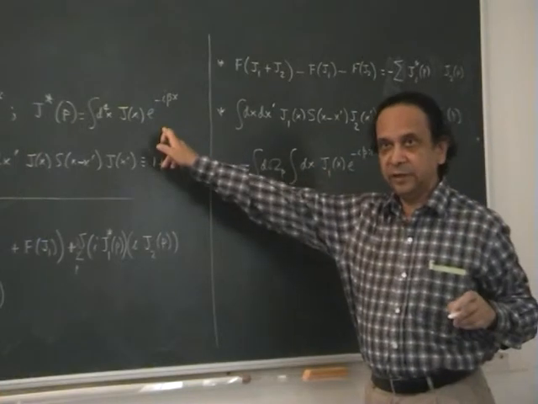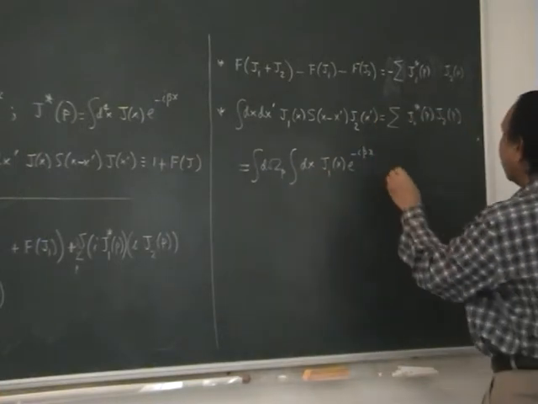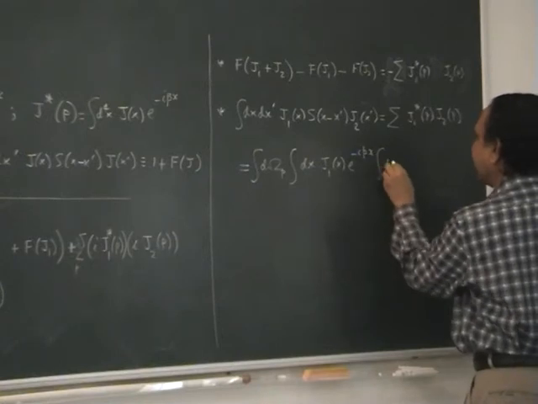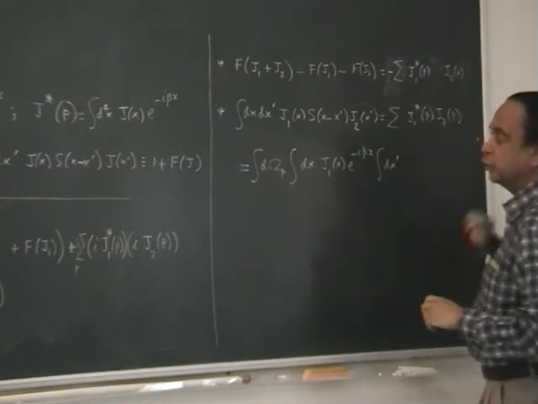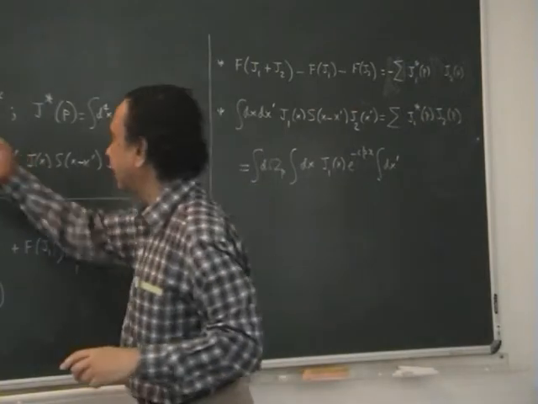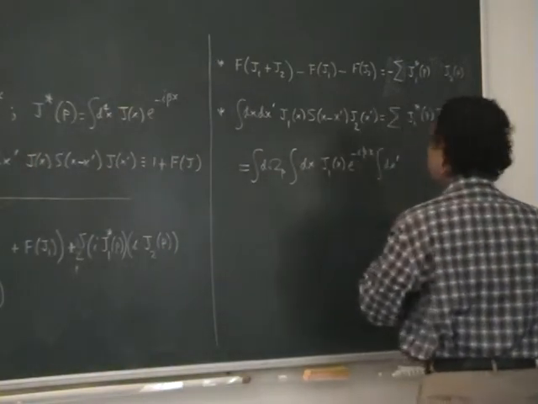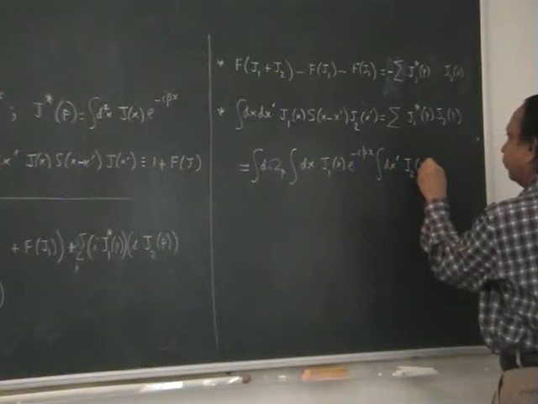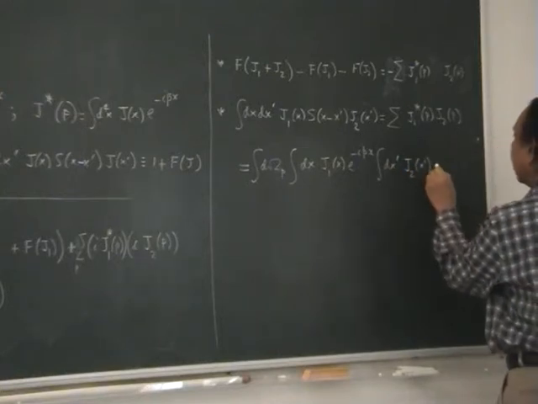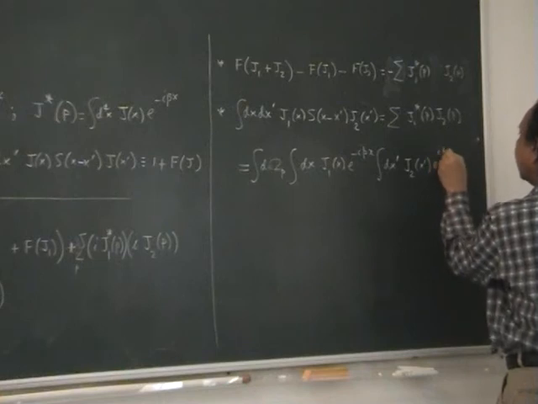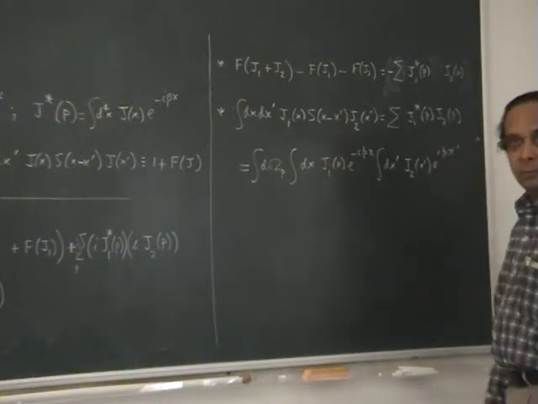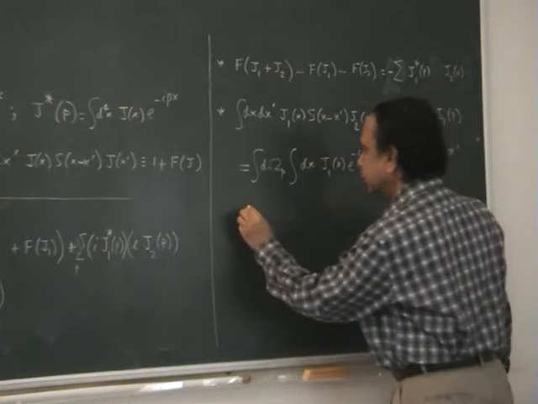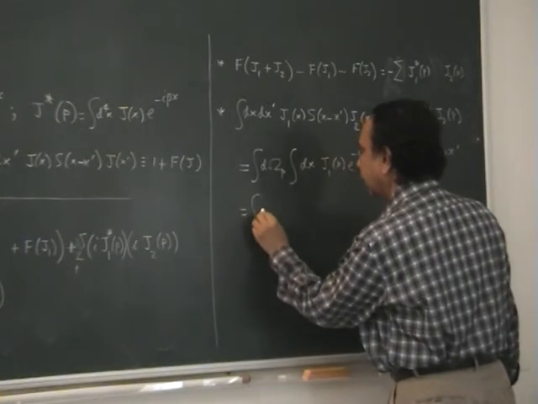This is coming from this. Then I have another term, which is dx prime j2 of p that I need from here. That is j2 of x prime e to the ipx prime. Right?